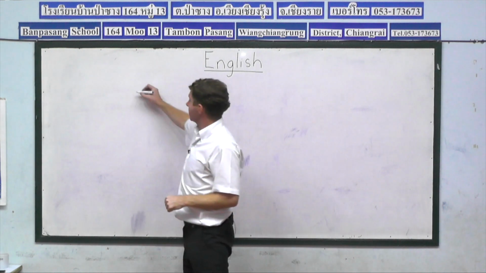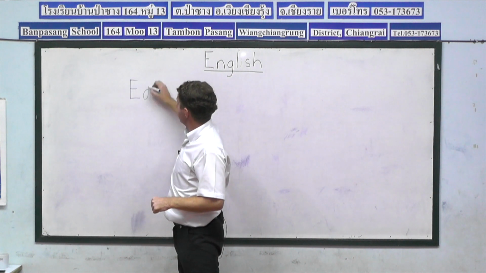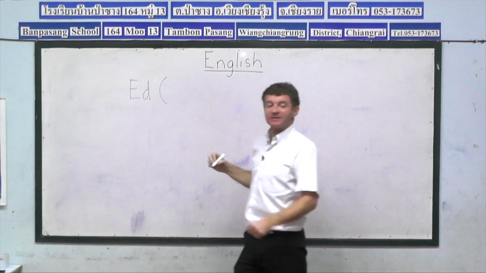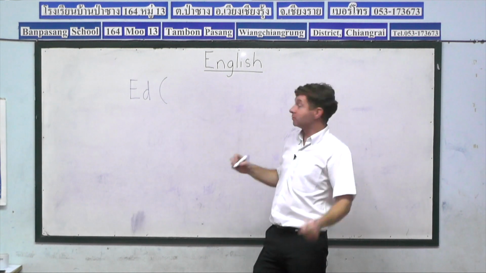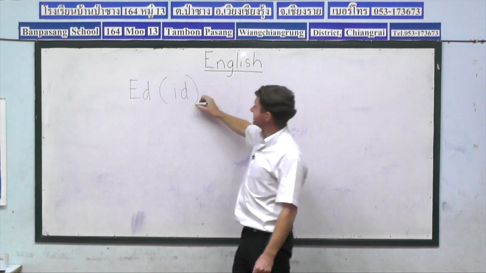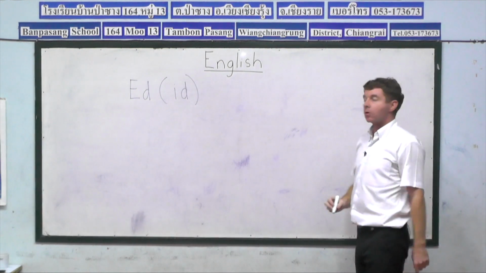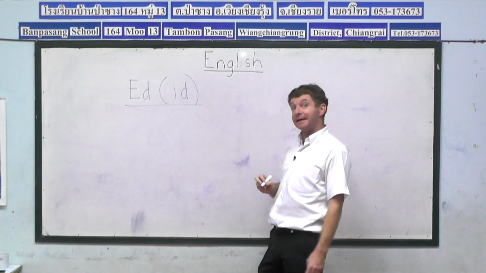So the first one, guys, we had ED at the end of our verb words, but how did it sound like? What letter did we sound like? ID was 1. Yes, we've got ED pronounced as ID. So that's 1 column on the board. Instead of ed, we say id.